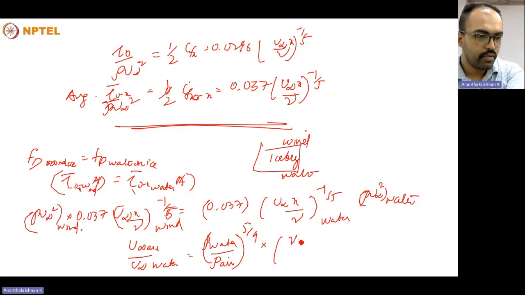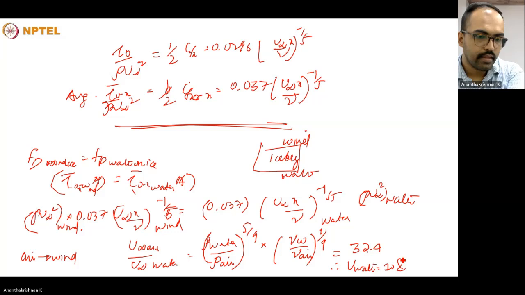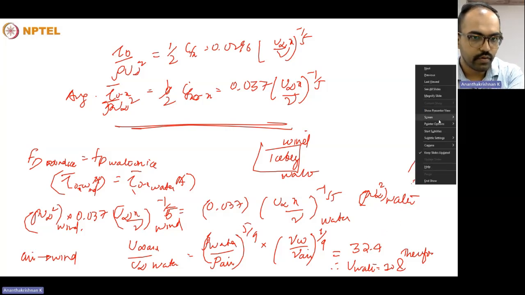And here it will be mu water divided by mu air, mu wind. So air is same as wind here. So that will be 1 by 9. Substituting the values, you get the ratio equal to 32.4. And U water is equal to 10 centimeter per second.